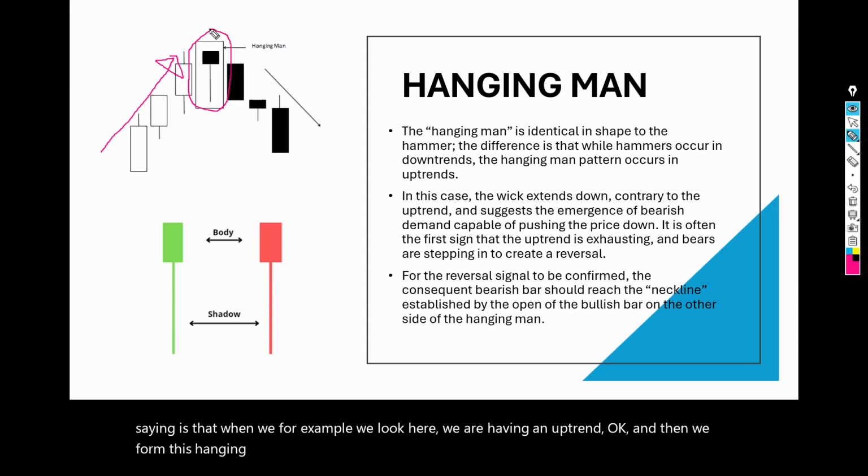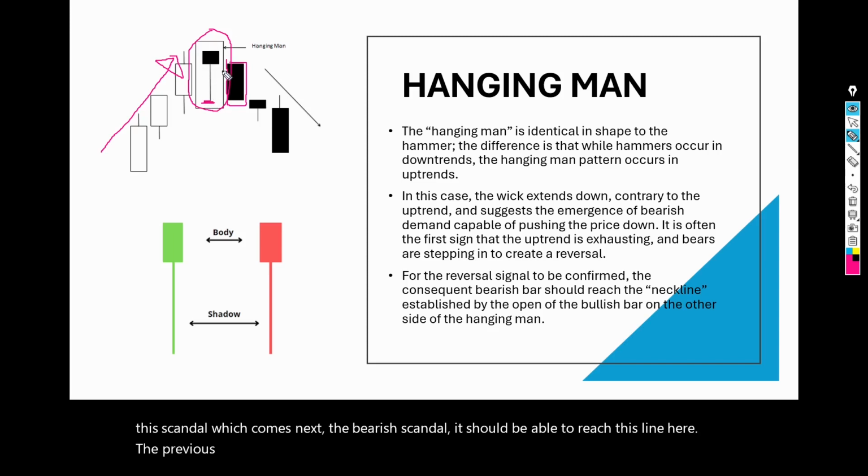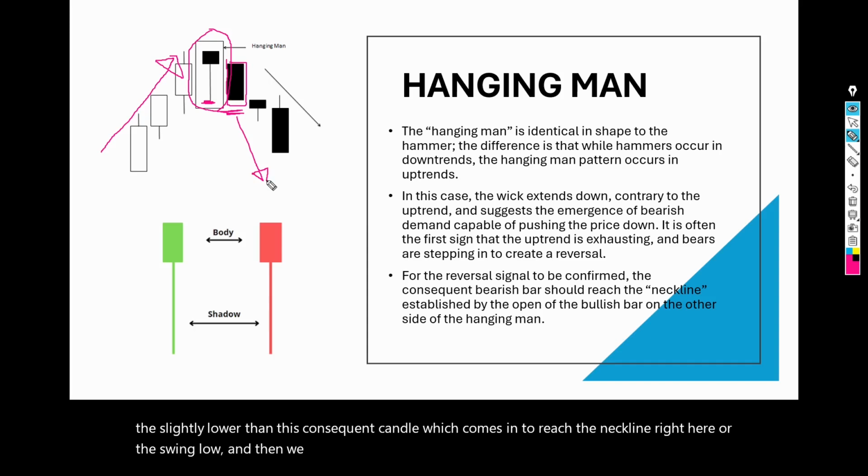For us to confirm that it is a reversal signal, the bearish candle which comes next should be able to reach this line here, the previous swing low of the hanging man. Then our entry point is slightly lower than this consequent candle which reaches the neckline, or the swing low, and then we can catch the wave down.